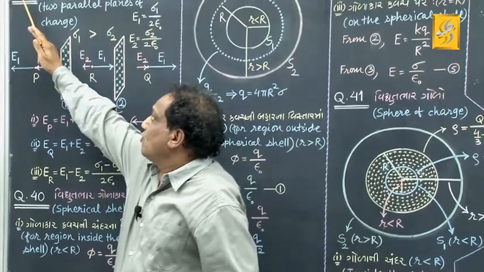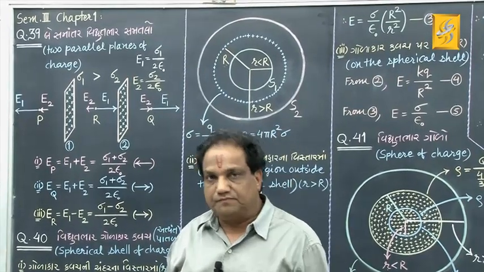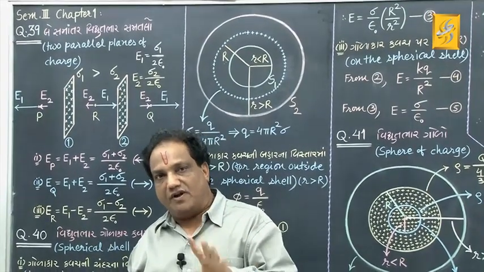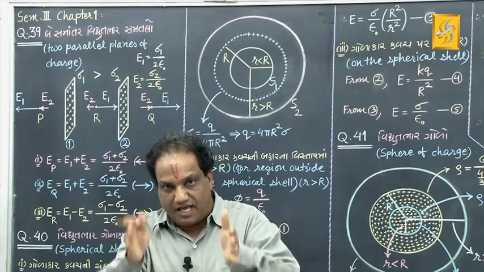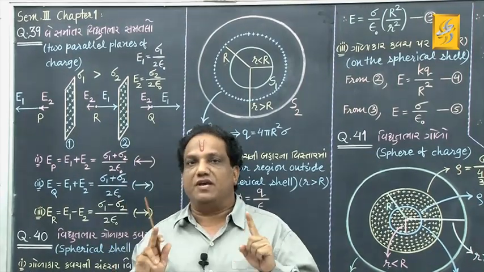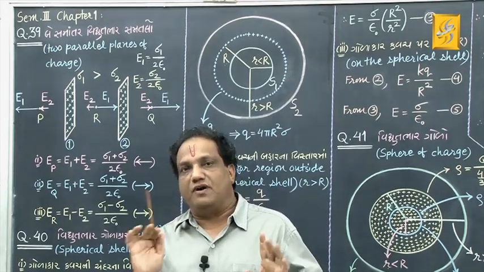Let us see question number 39. It is about finding electric field due to two parallel planes of charge having infinite extent, at 3 different points.